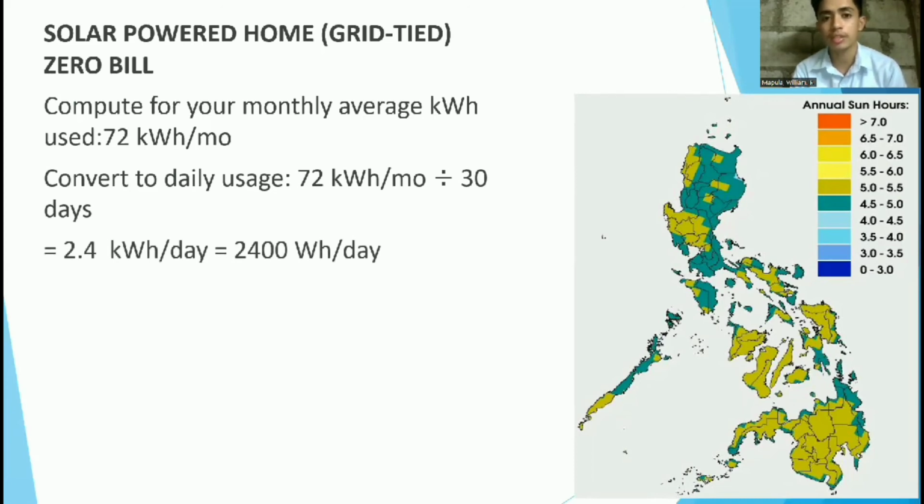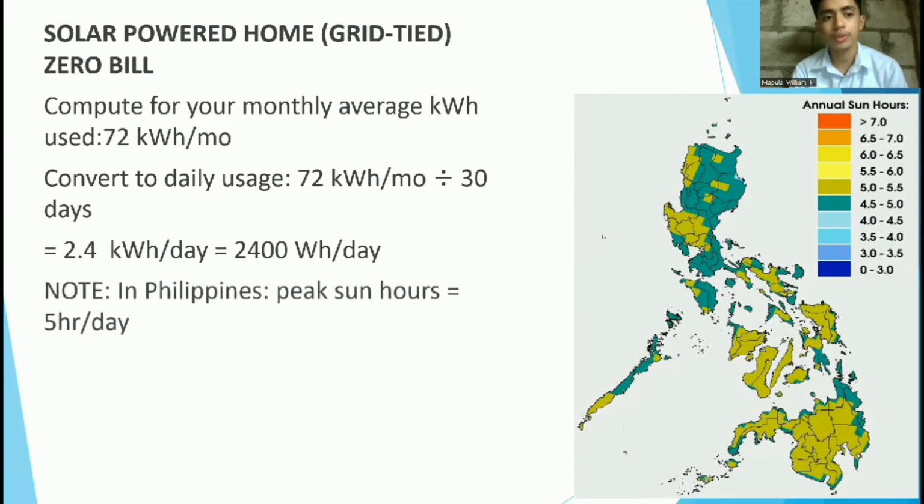Then, convert natin to watt. Kaya meron tayong 2,400 watt per day. Note, in the Philippines, peak sun hours is 5 hours per day. Then, yung Philippines daw ay merong average or merong makukuwang energy from the sun na magagamit for electricity na 5 hours per day lang.